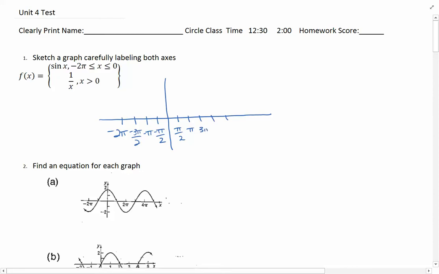We can do the same on this side. But the range of the sine is from negative 1 to 1, so that's probably fine on the y-axis.